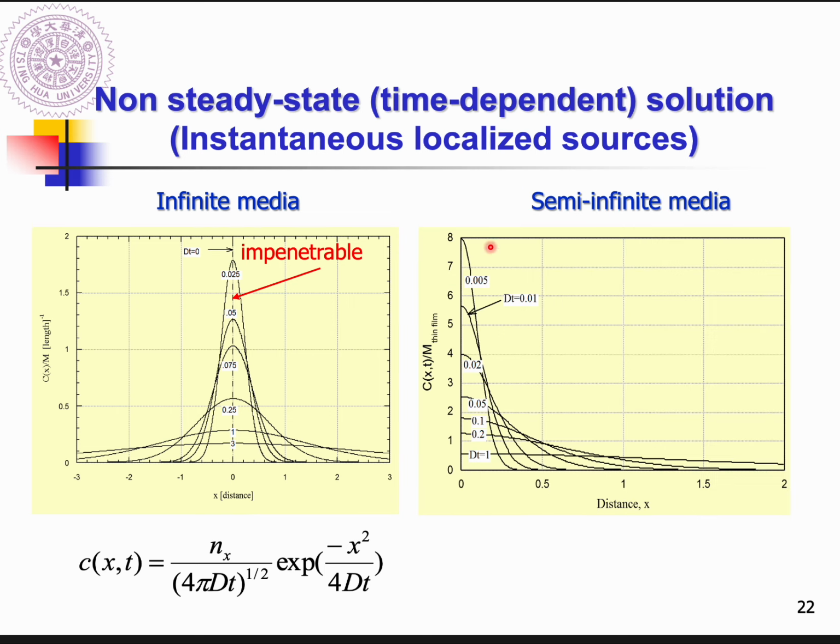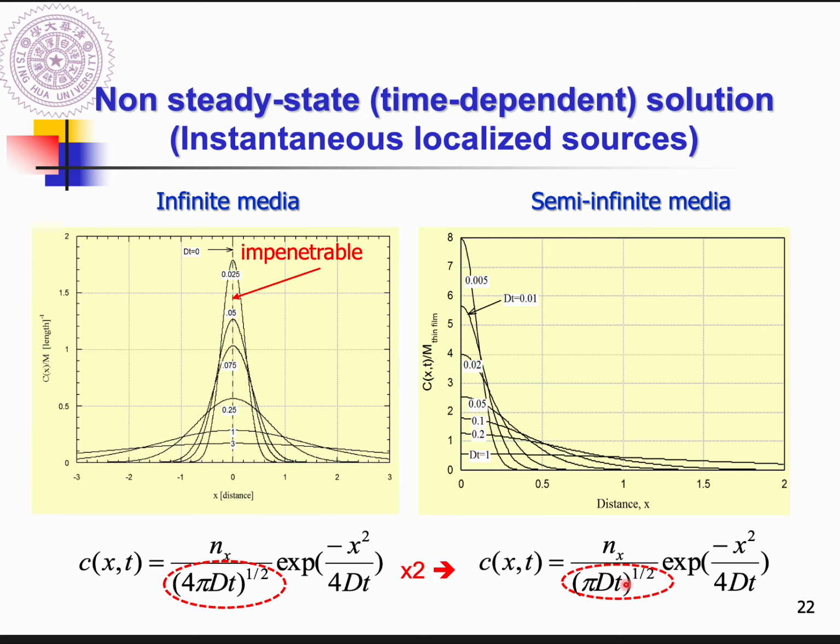But if I deposit a limited source on top of our substrate, the diffusing atom can only go one direction, to the right-handed side. For this solution, we directly times the 2. Times the 2 means what? The square root of 4, which deletes this term, so you get this one.